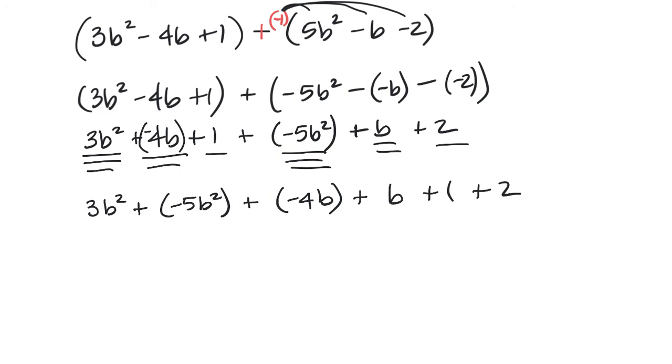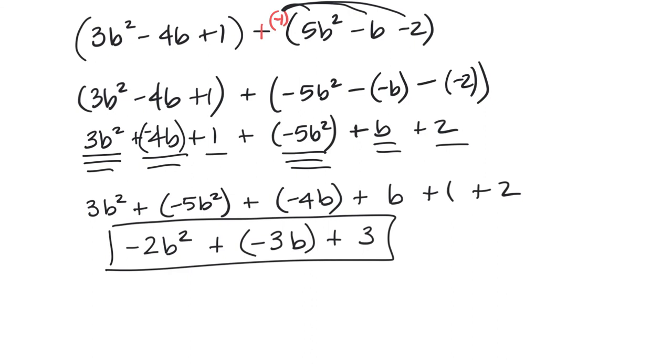All right, so now we just need to add our coefficients. So this is going to be negative 2b squared plus negative 3b plus 3. And there is the simplified version of this expression up here.